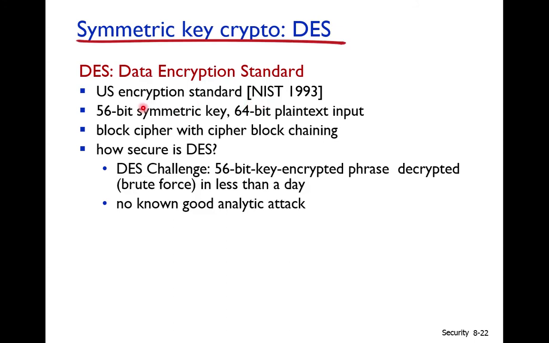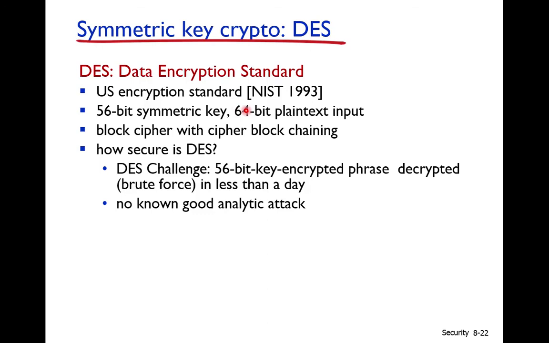As we have discussed, it is a symmetric encryption algorithm. It uses a single key for encryption and decryption; the same key is used for both. The key is 56 bit, and the text is divided into blocks, and each block is 64 bit.